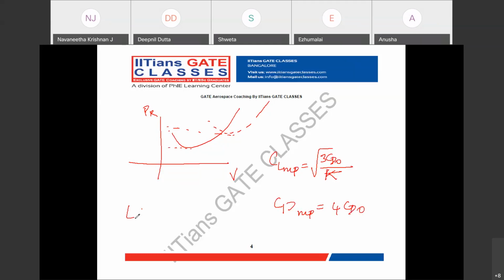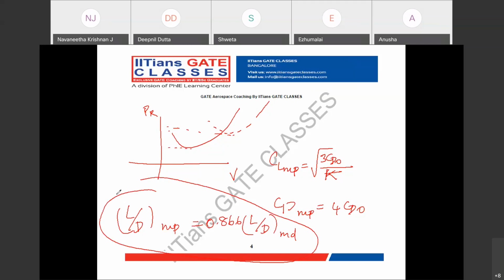So L by D for minimum power will be equal to 0.866 of L by D for minimum drag. This is the parameter we'll be using for design calculations. In Raymer also you would have seen this parameter, L by D equal to 0.866 times L by D max. It is due to the minimum power condition.